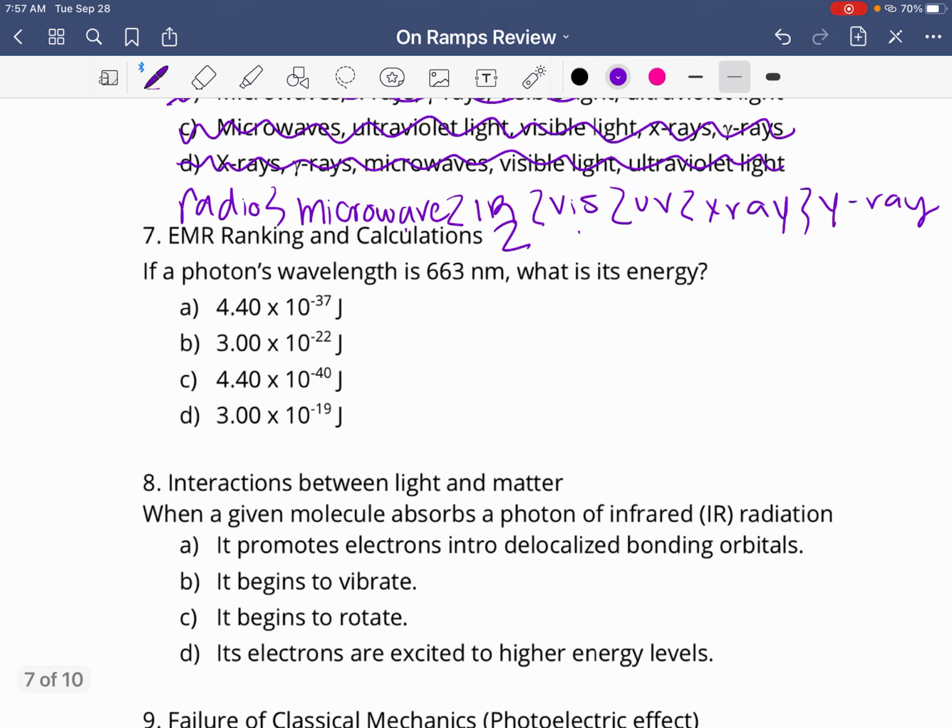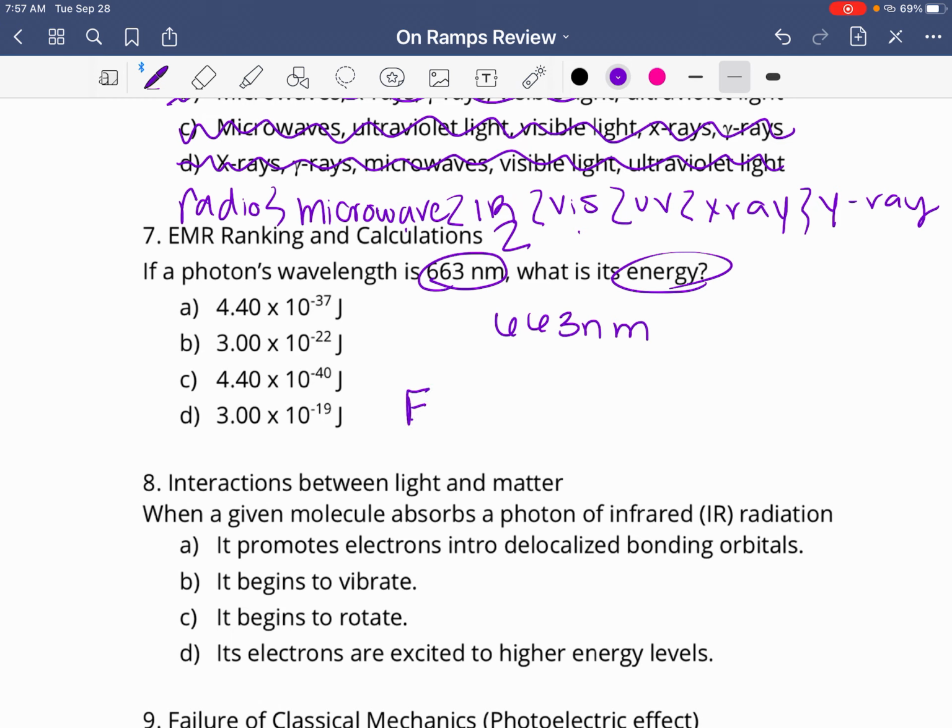If a photon's wavelength is 663 nanometers, what is its energy? So, again, the equation that I want you to know for the test, it will not be given to you.